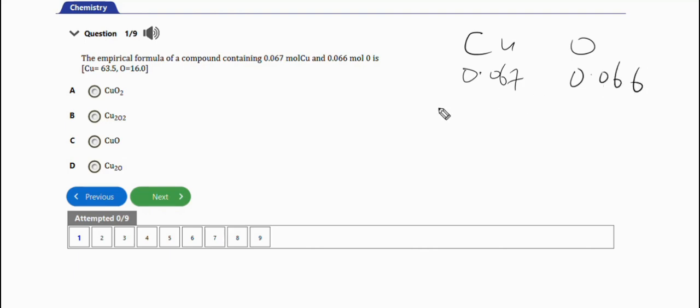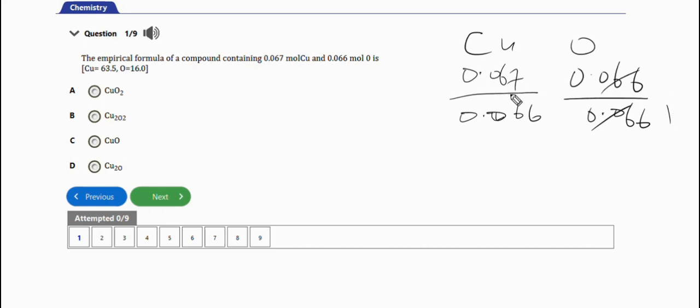So divide through by the least mole value. The least value here is 0.066. Let's punch this in the calculator. This one will give you 1.